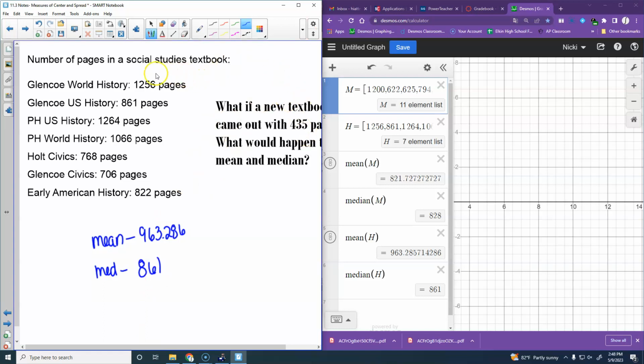That's significantly lower than everything else that we've got so far. So if we add this 435 here, let's look at what happens to the history mean and median. This is going to go to 897.25, and this is going to drop to 841.5.